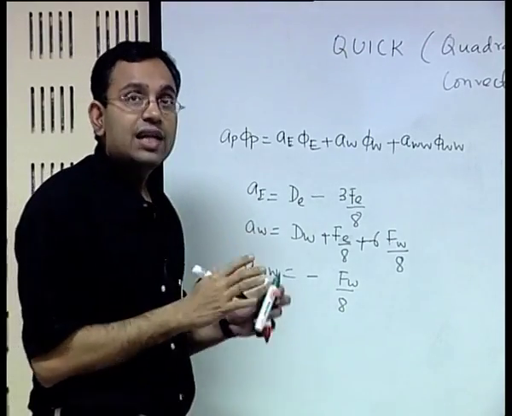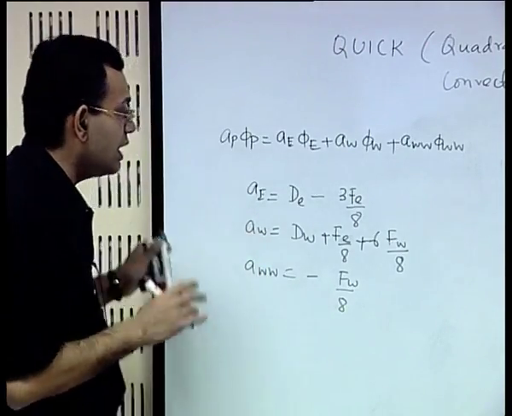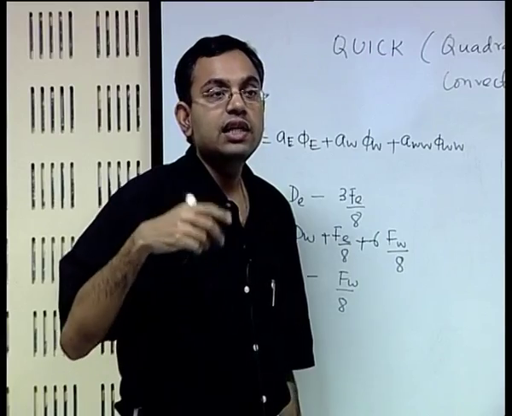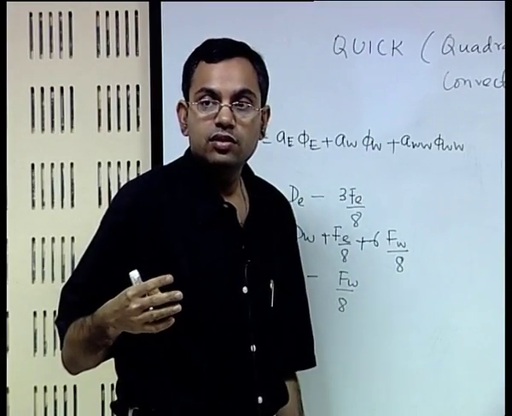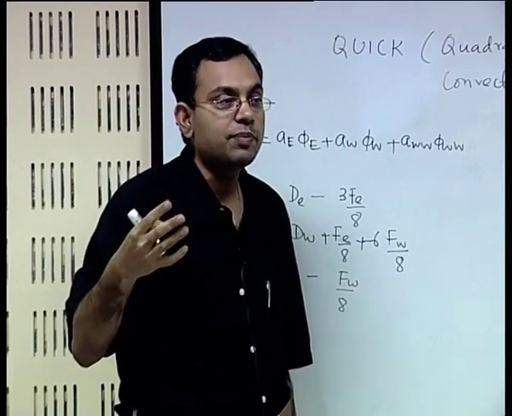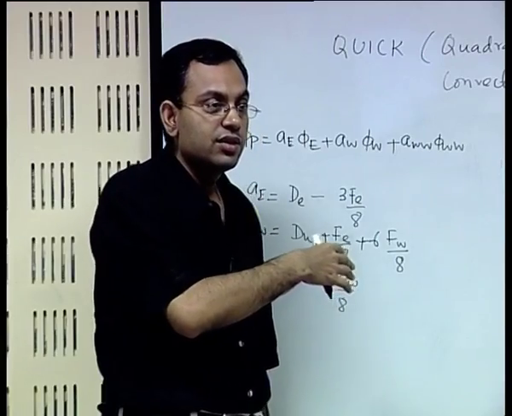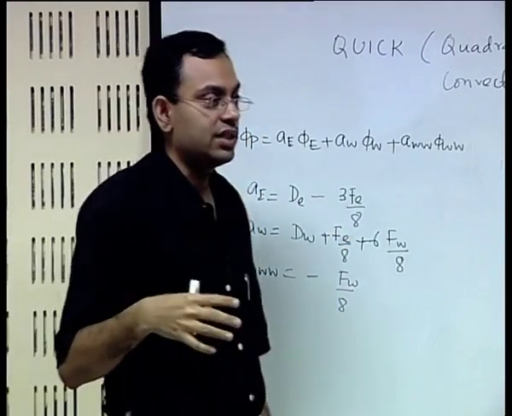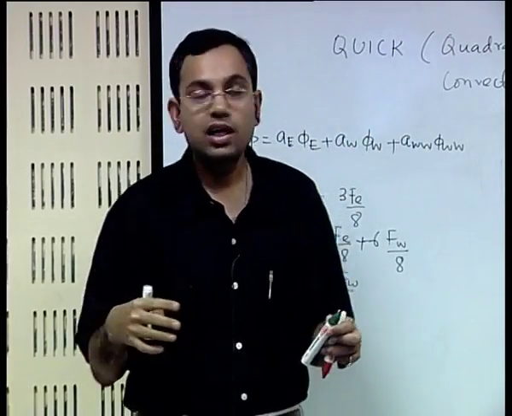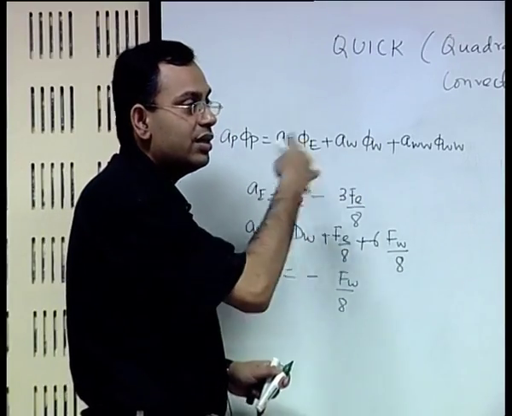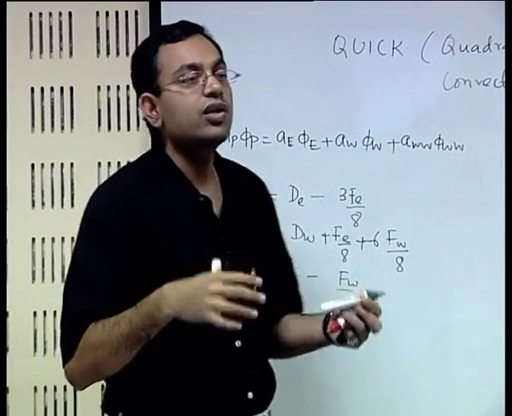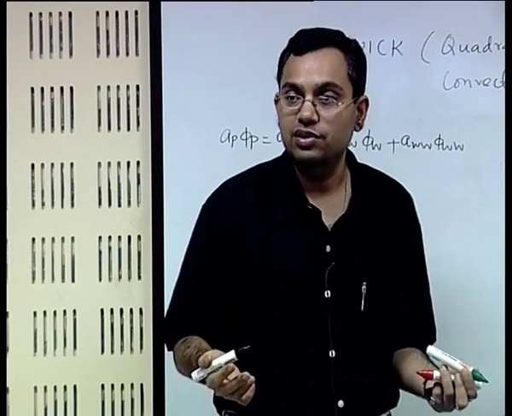So, we can see that this particular scheme tried to rectify a problem, but has created a different problem. So, it is like having a medicine where the medicine is trying to take care of a disease, but having another side effect. So, the disease is false diffusion, it tried to take care of the false diffusion, but in the way it incurred a possibility of having all coefficients not of the same sign, and that could give rise to physically inconsistent solutions.